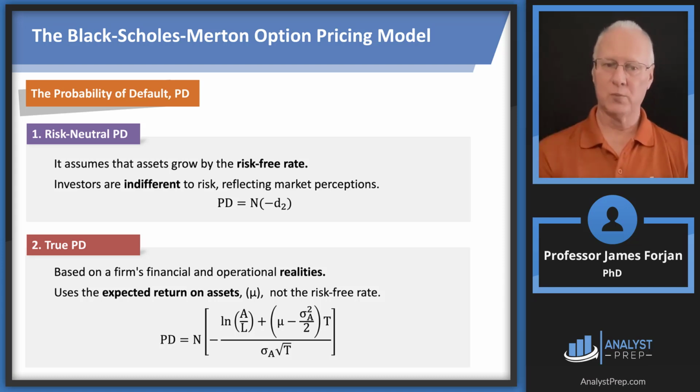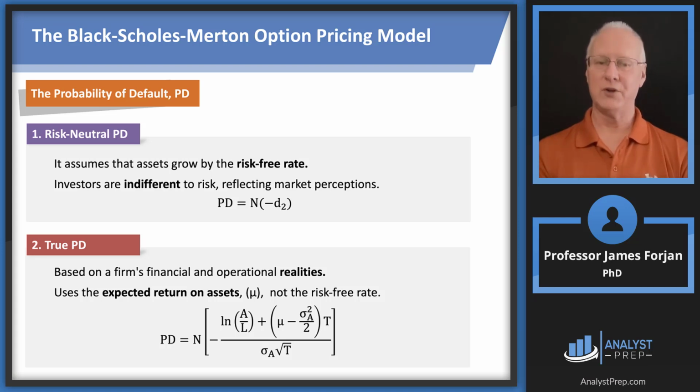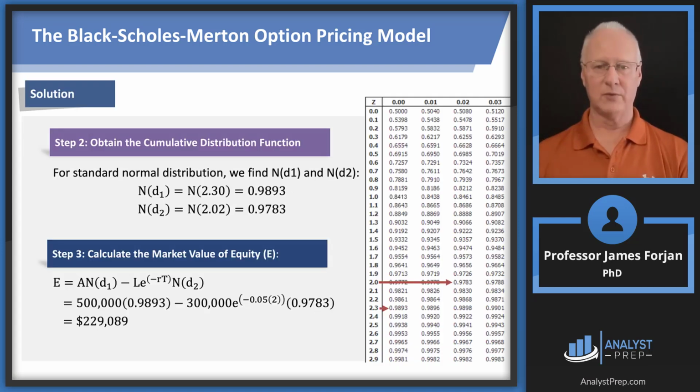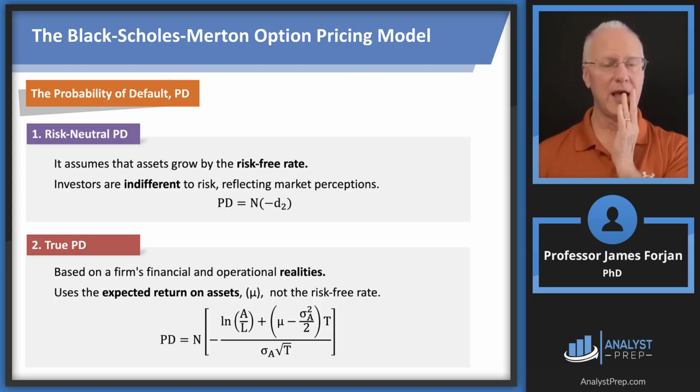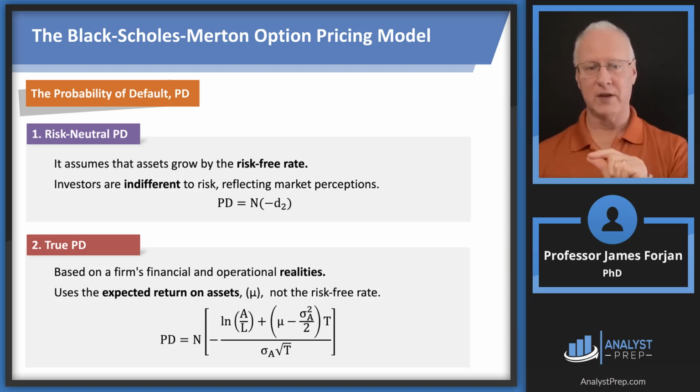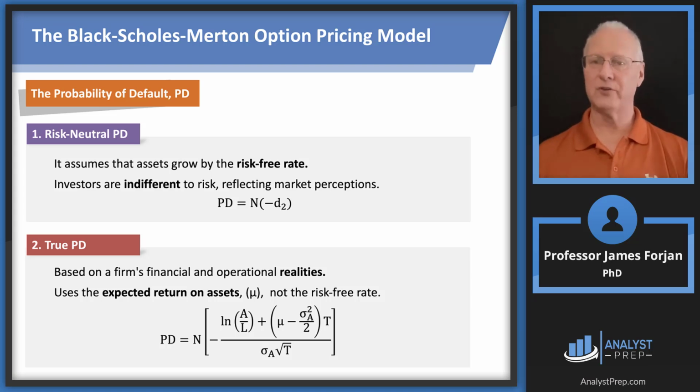If we use the true probability of default, let me do this back here. So here's our equation. Look, there's D1. Notice we have an R in the top right. All we're going to do now is substitute in for the R the expected return on those assets.